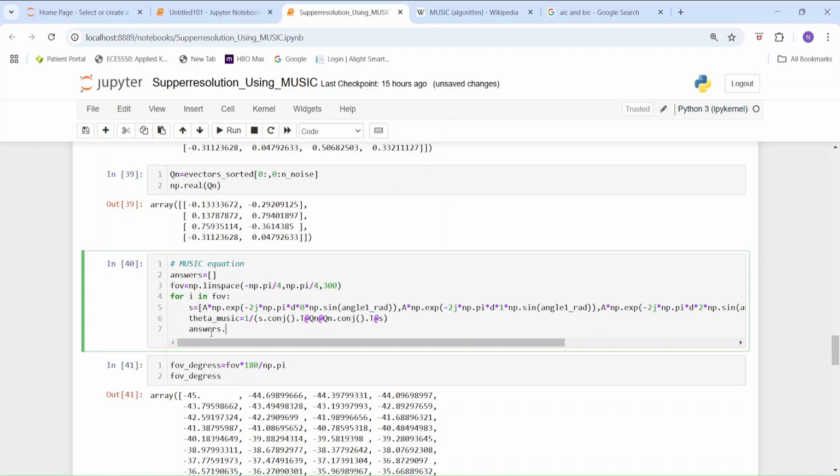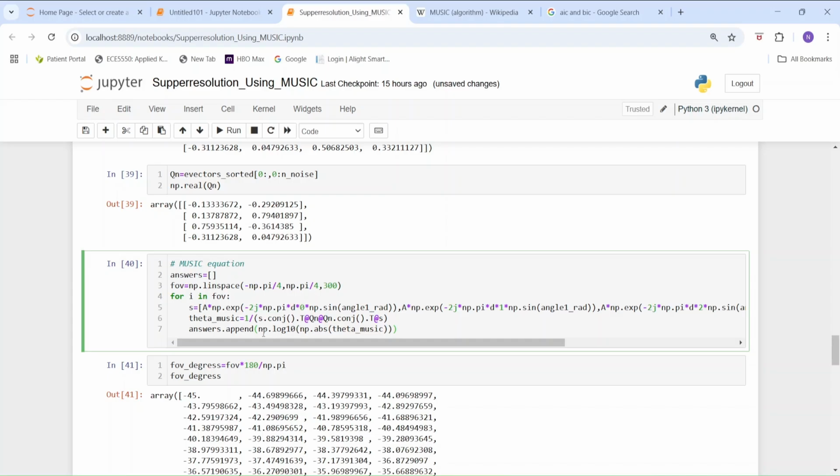So after you use this equation, we're going to keep the values in answers. So answers.append, and then you are going to have this theta music. Okay, and since this is a complex number, let's take the absolute value, so np.abs of this theta music, and also on top of that, let's take the logarithmic scale. So np.log10 of this absolute value.